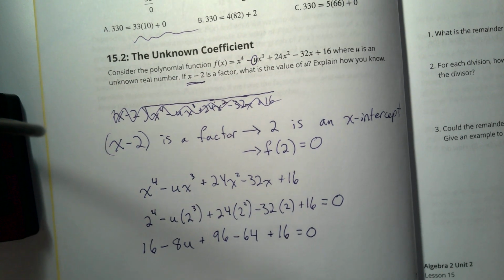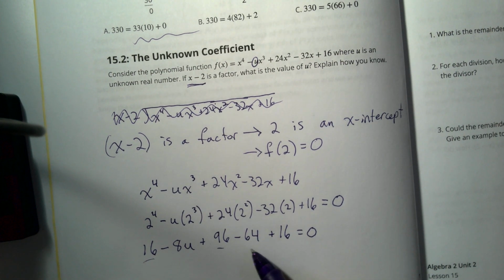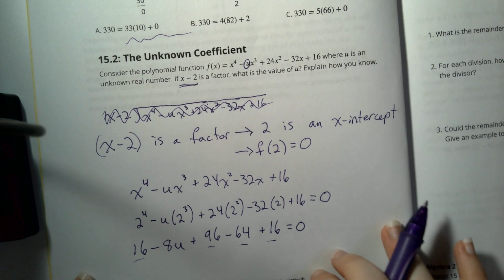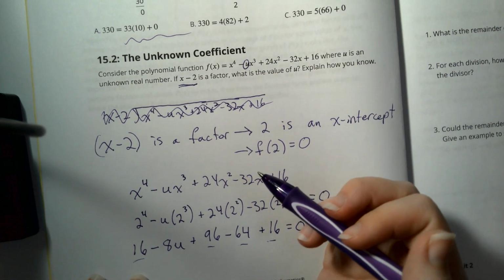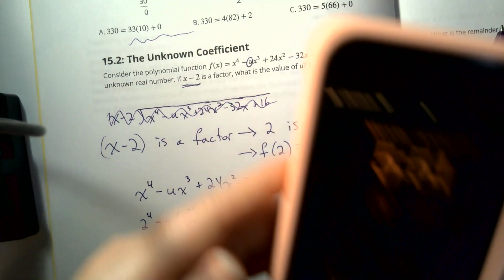Now we can combine all of our like terms, which is all of our constants here. Let me pull out my calculator here.